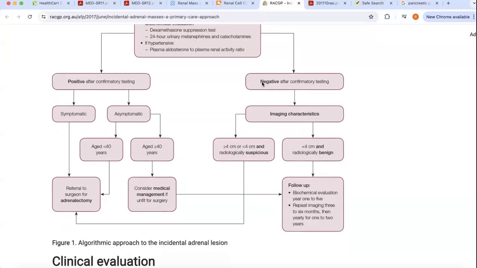But if biochemically there is no problem, then you look at the imaging characteristics. If the CT shows the adenoma is less than 4 centimeter and it is benign, just follow up. But if it is more than 4 centimeter, or even less than 4 centimeter and suspicious for a cancer, that will also go for adrenalectomy.